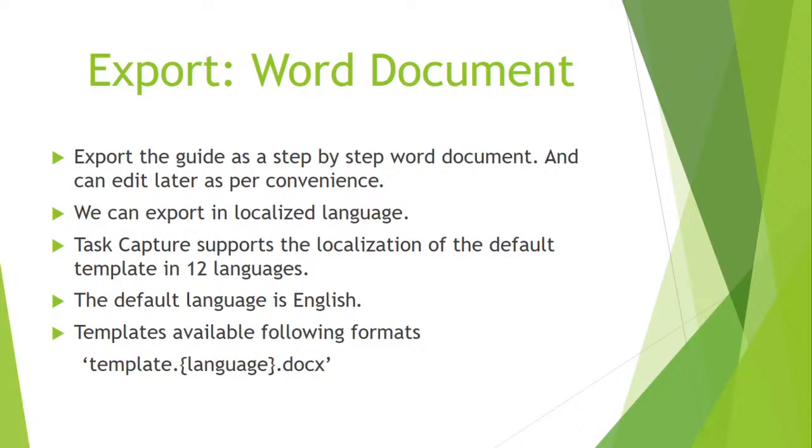For example, if our company follows some standard, we can incorporate it in the template level and further use it in the document. If you don't want to keep the UiPath logo, we can remove that and keep our company logo. Or if you don't want to keep some data, we can remove that. But we need to follow some standards to do that. For example, the captured data that is supposed to be captured, we can't remove.